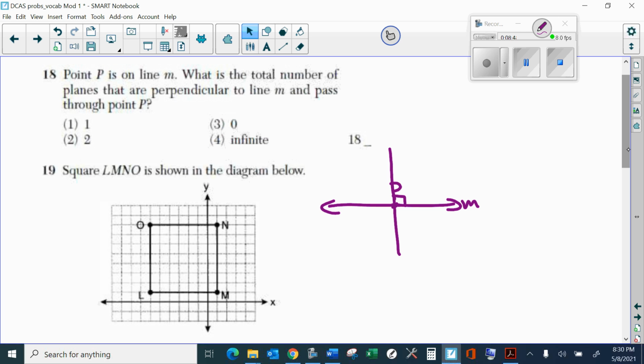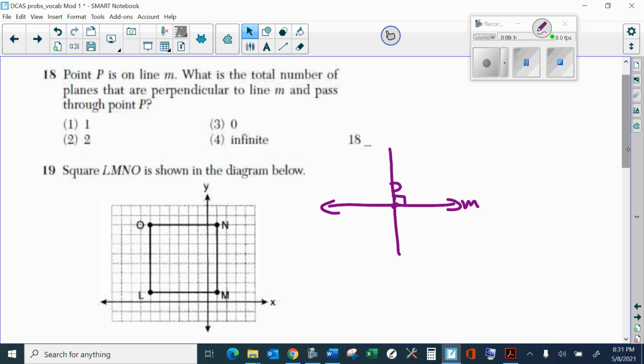Okay, there's one in that plane, but it doesn't say it's got to be in a plane. So if I make this line P, is it a line? Total number of planes that are perpendicular. Okay, not a line. Total number of planes.